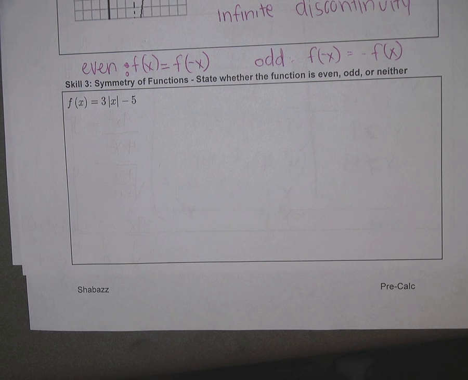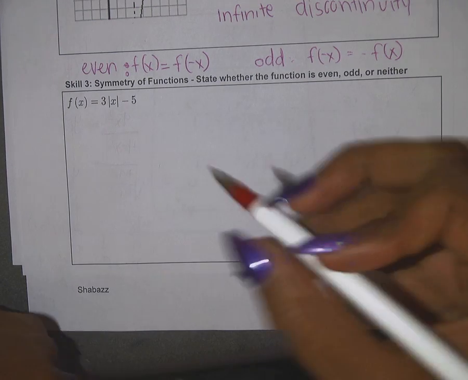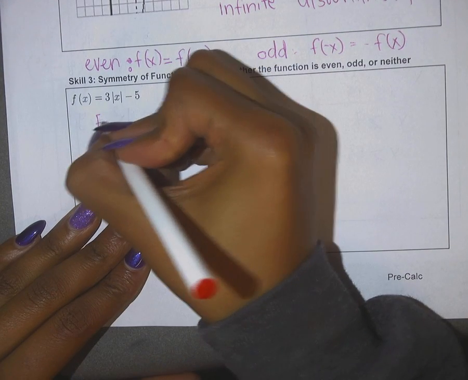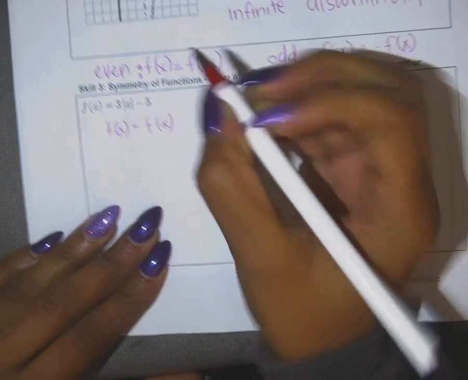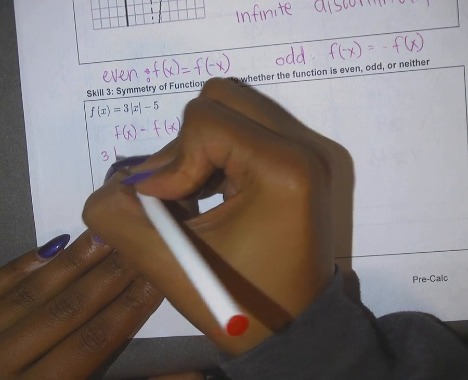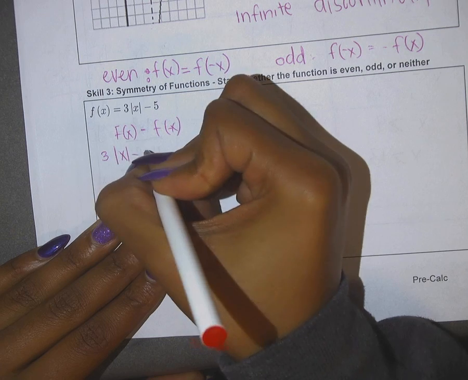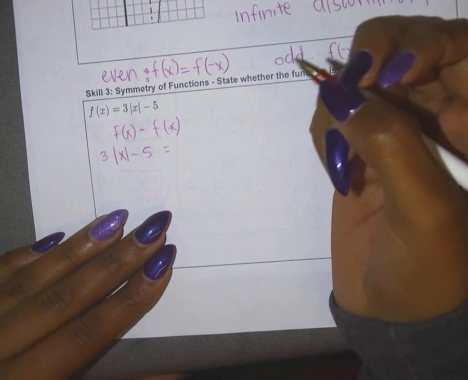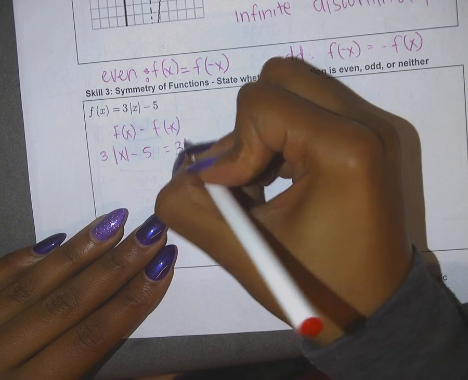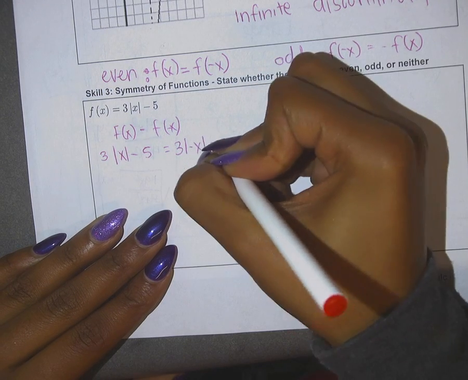Okay, so let's go ahead and start. My even test says if my function is equal to negative x values, it's even. So I have 3 times the absolute value of x minus 5, and I want to compare that to 3 times the absolute value of negative x minus 5.